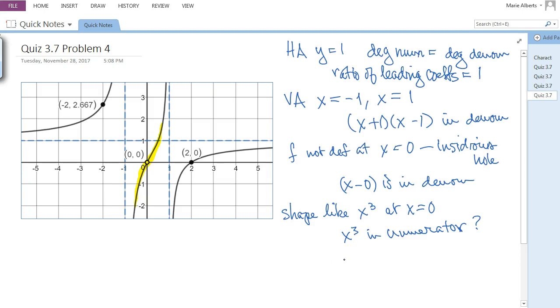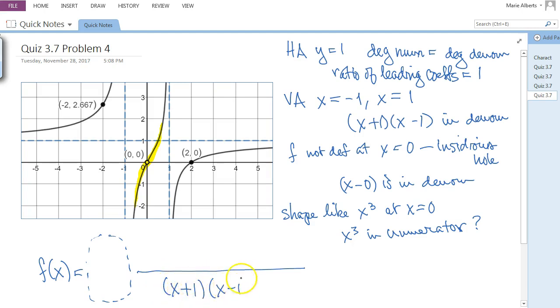Let's see what we have here so far. F of x, leave room for a scalar. Let's see. We have x plus 1, x minus 1, and also x minus 0 in the denominator.